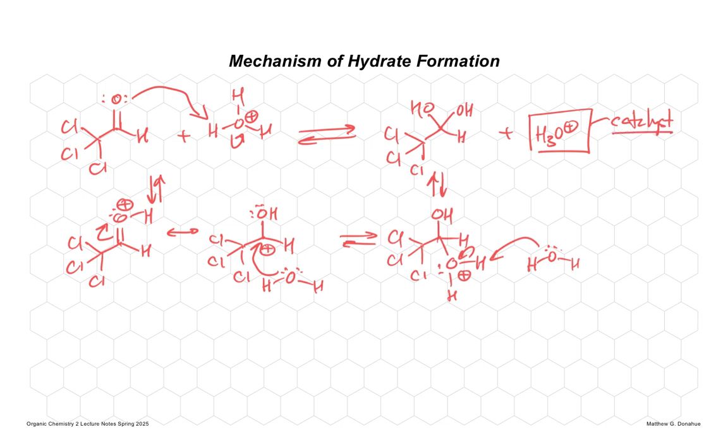So in terms of writing mechanisms, if something is used as a catalyst, as you push the arrows, you should be able to regenerate it. Show that you're regenerating it so that it can go back into the catalytic cycle.